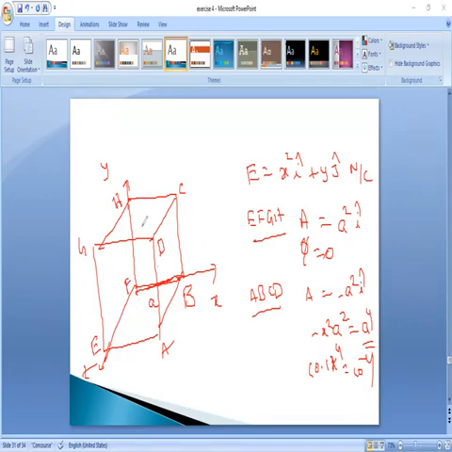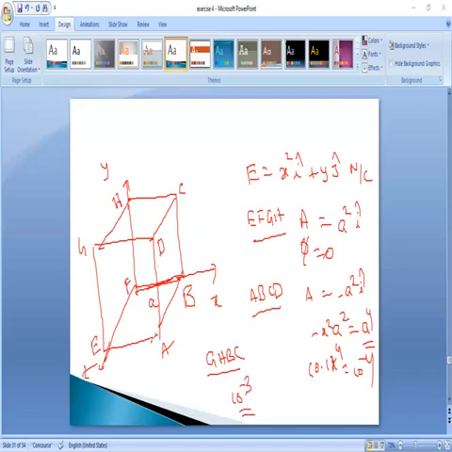In the other case, the electric field is in the y direction, it is y, and the area is A square. Y into A square, and y is of course A, so that will be A cube. Through the GHBC surface, it will be 10 power minus 3.